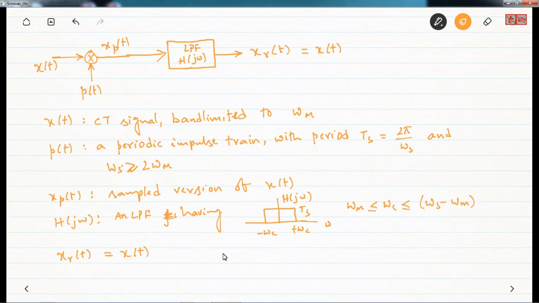Right? Then we can reconstruct the original signal x of t.